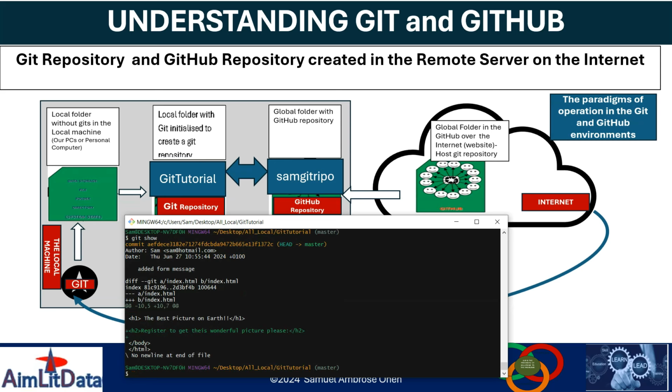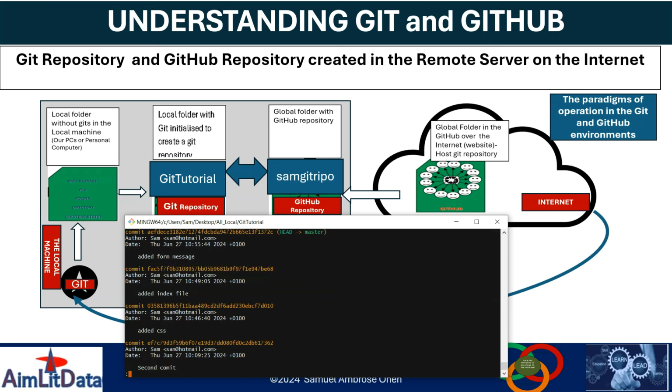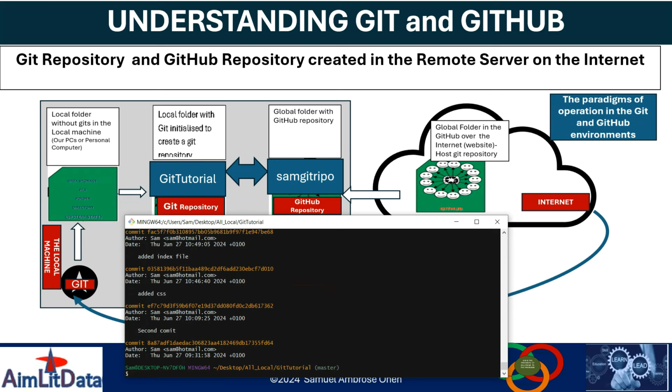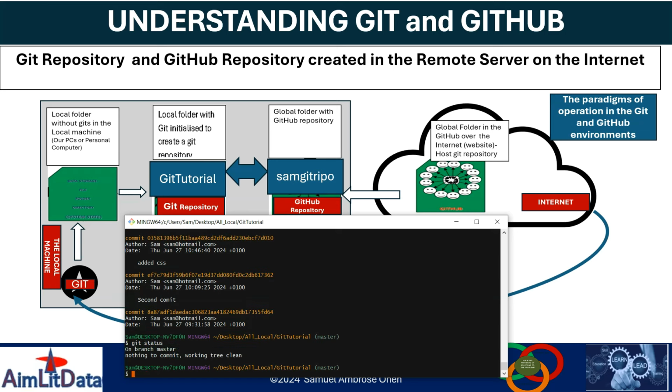Yes, we have done some work before. Git log. You can see we have sent messages before, and if you run git status, yes, you can see we are on the master branch, nothing to commit.